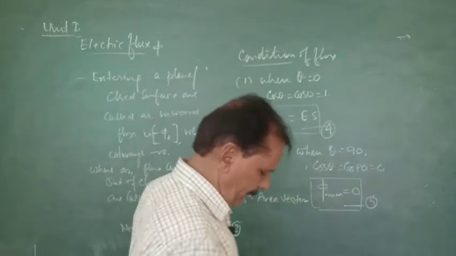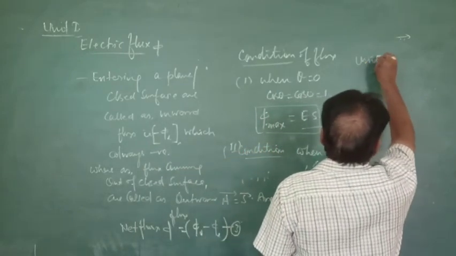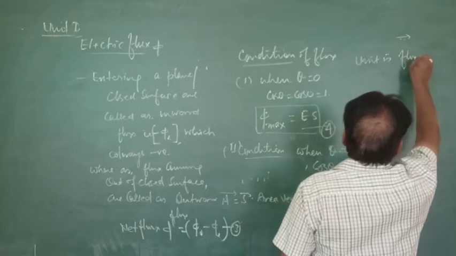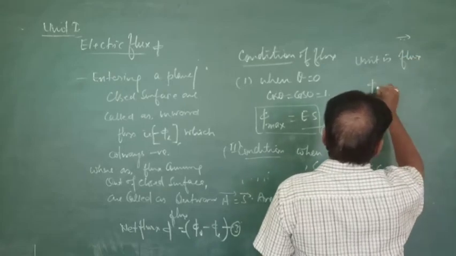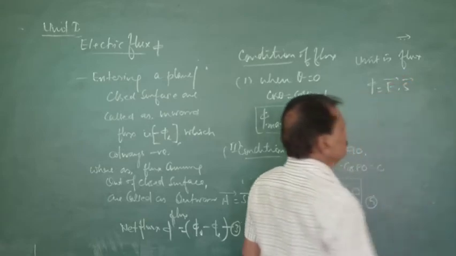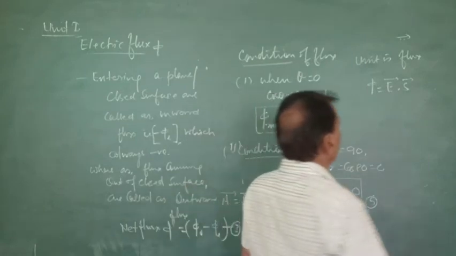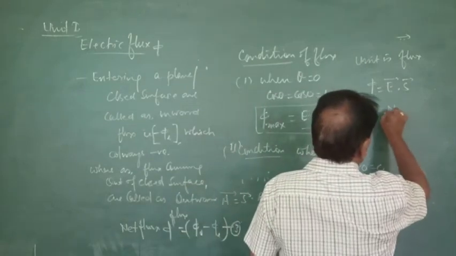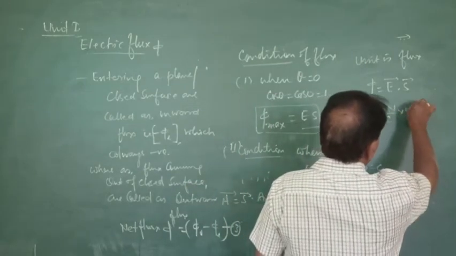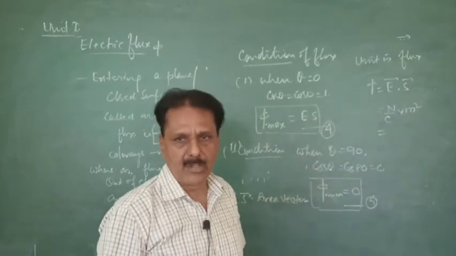Now the unit of flux. Unit of flux is defined by the relation E dot S. E means Newton per Coulomb, S means area, unit of area, that is meter square.